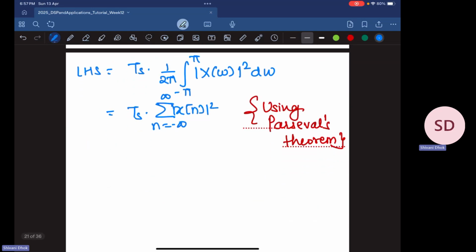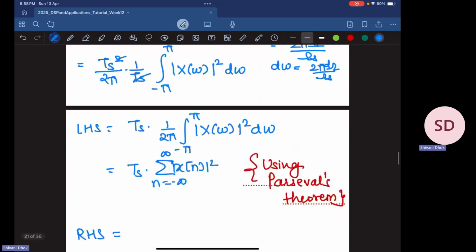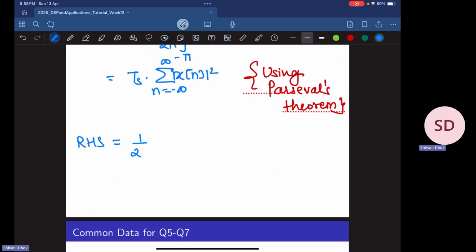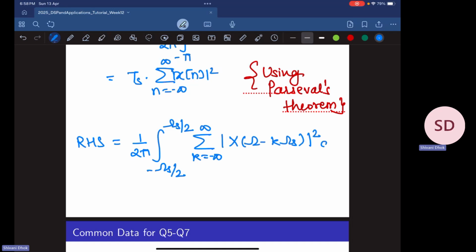Now we will move on to the RHS. What is RHS? RHS is 1 over 2 pi integral minus omega s by 2 to omega s by 2 summation k running from minus infinity to infinity magnitude of x of omega minus k times omega s whole square d omega.